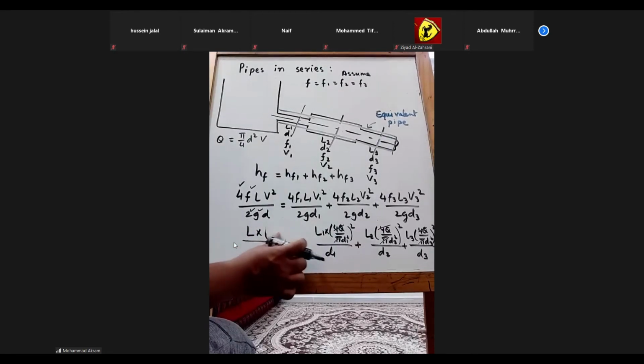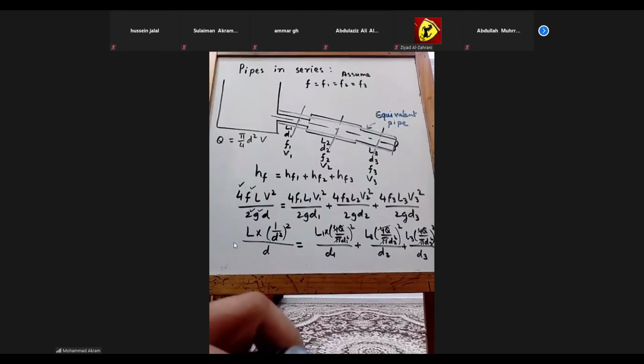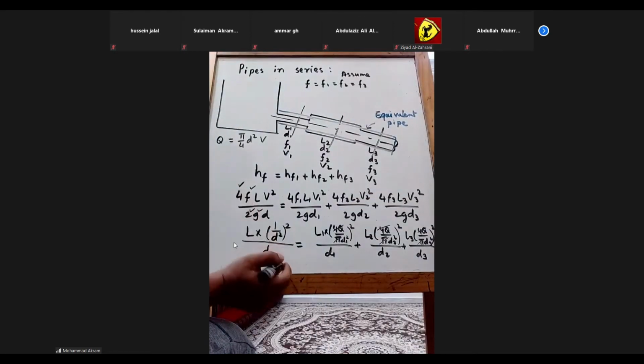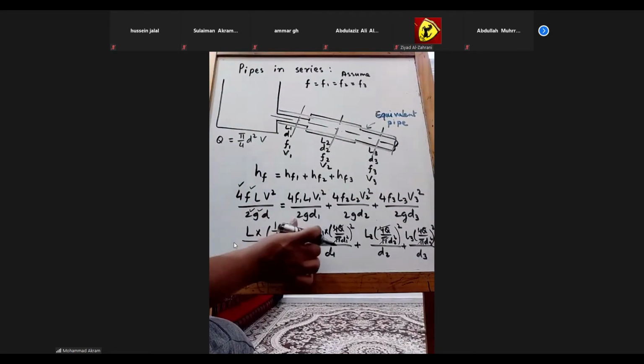Okay, I will write one step. It will be like 1 by d square, right? Can you hear me? Yes, yes. Okay, so d square is square. So can I write this as 1 over d raised to 4?